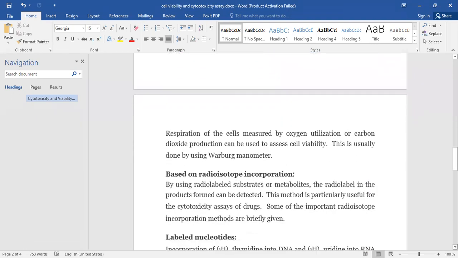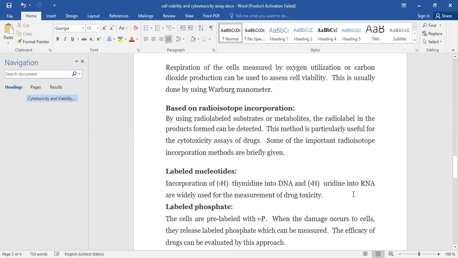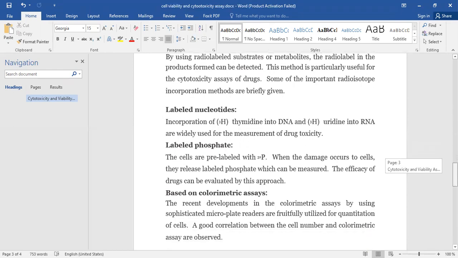The cells which are viable will be involved in cellular respiration, but the cells which are not viable will not. The next is radioisotope incorporation. If we incorporate a radiolabeled isotope into the cell, then the viable cells can be detected by this method.